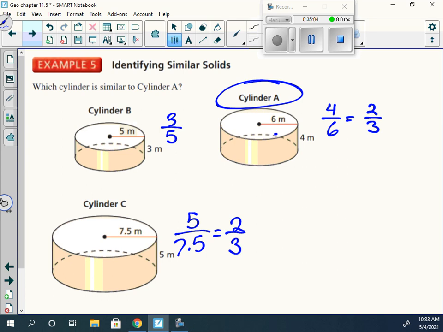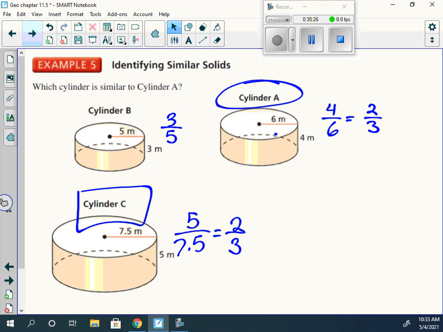So the one that is similar to cylinder A is cylinder C. Because as long as those side lengths are proportional to each other, then the two figures are proportional. Any questions on this here?